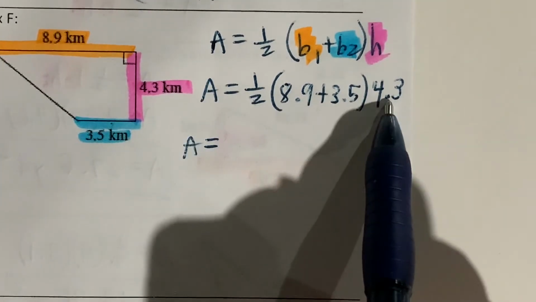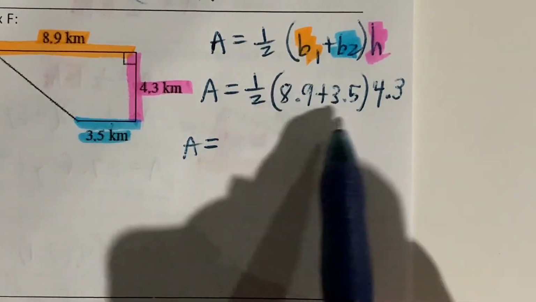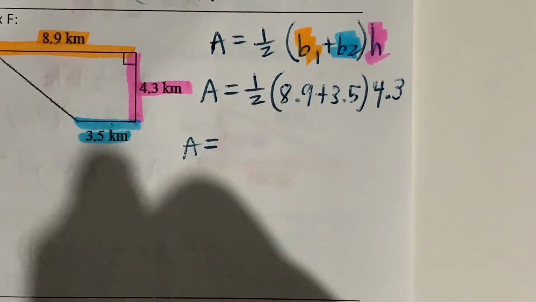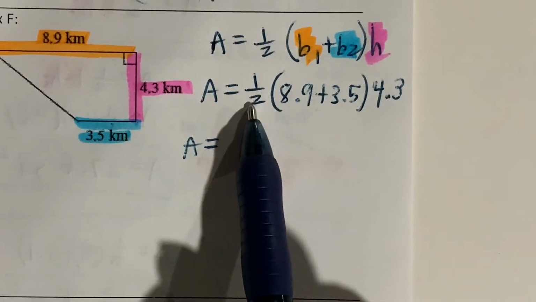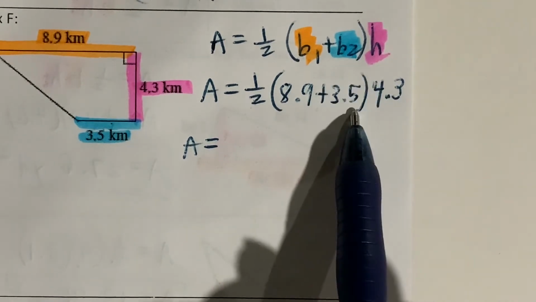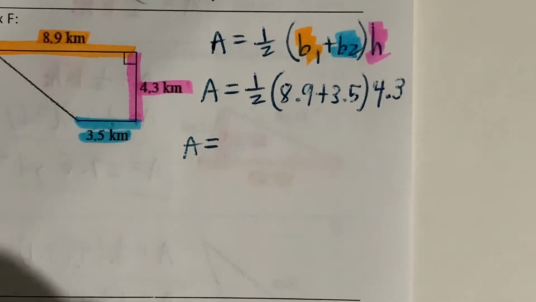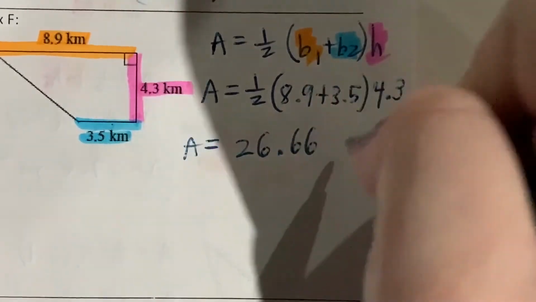I could do half of 4.3, and then I could also simplify in here and do 8.9 plus 3.5, and then I could multiply those. You could also type this whole piece in your calculator: 1/2, parentheses, 8.9 plus 3.5, close parentheses, times 4.3, and I will get 26.66 square kilometers.